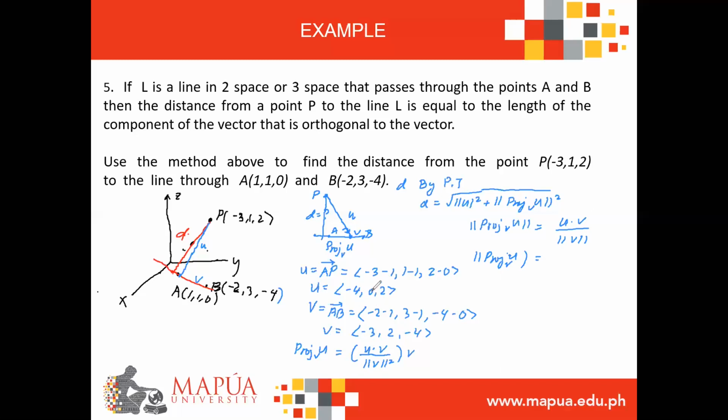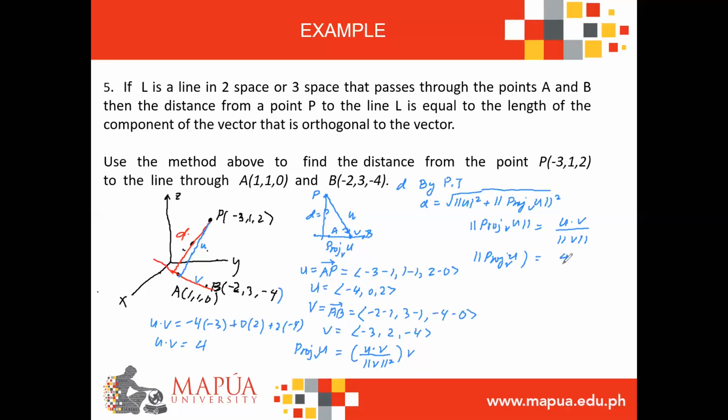So let's get the product. U dot V equals negative 4 times negative 3 plus 0 times 2 plus 2 times negative 4. So U dot V equals 12 minus 8 equals 4.